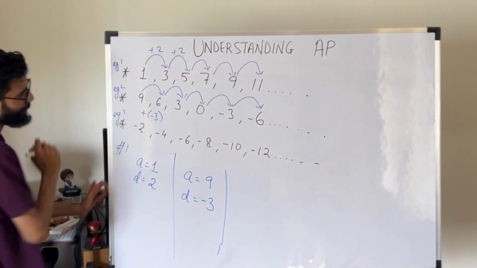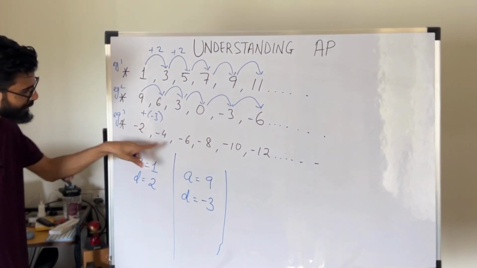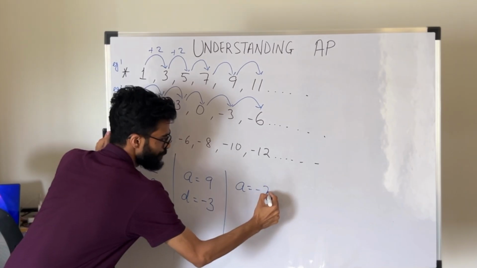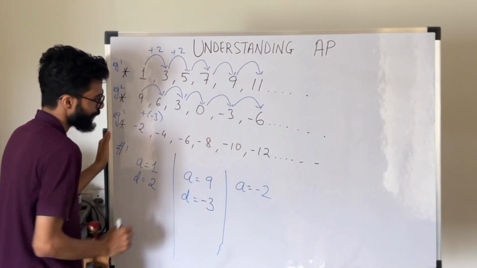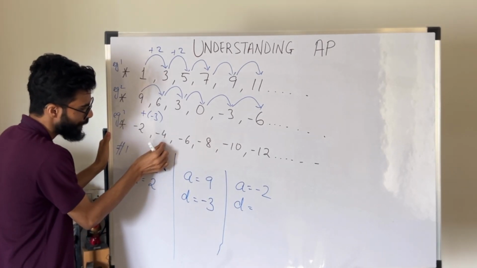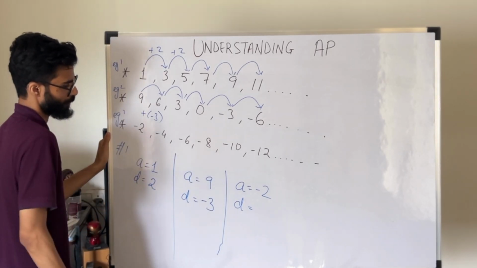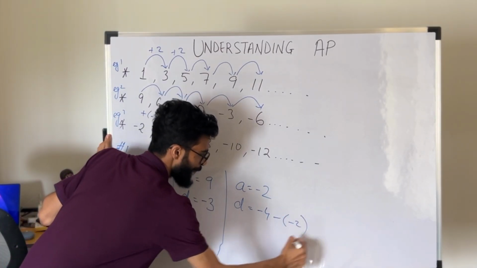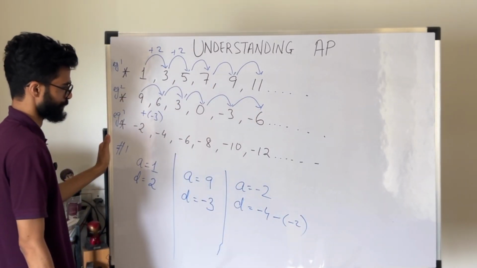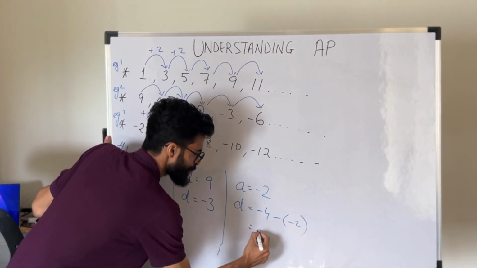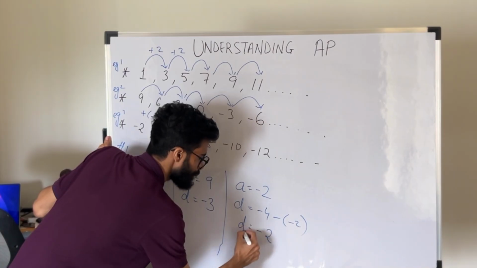And for the third example, I can clearly see that my first term is minus 2 and my common difference, अभी देखो, minus 4 minus of minus 2. It's giving me minus 4 plus 2, which is minus 2.